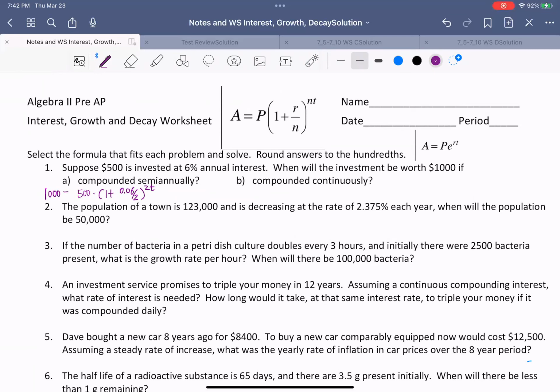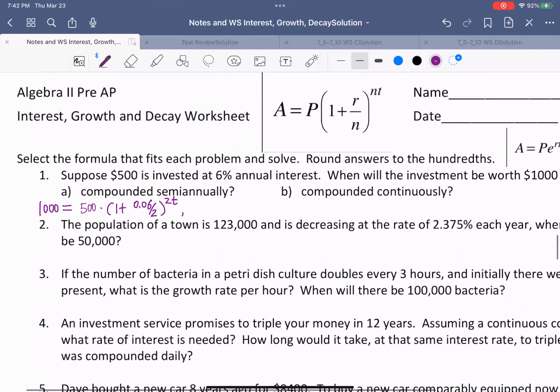Yes. This is the ending money. So we want to solve this. So 1,000 divided by 500 is 2. So 2 equals 1.03 to the power 2t, right? Yes. That's the reason we learned the logarithm. If we don't know logarithm, we cannot solve it.